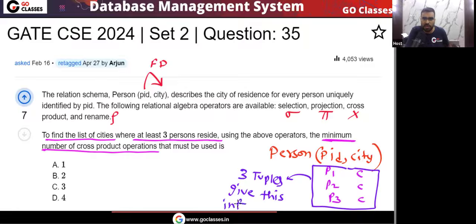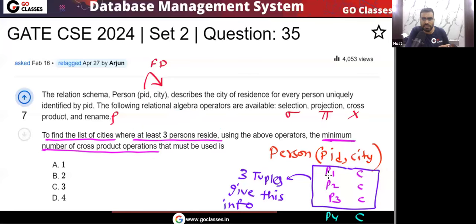There can be more people in this city C, but can I say three are enough? Yes, three are enough and three are mandatory, because I want those cities where at least three people are residing.